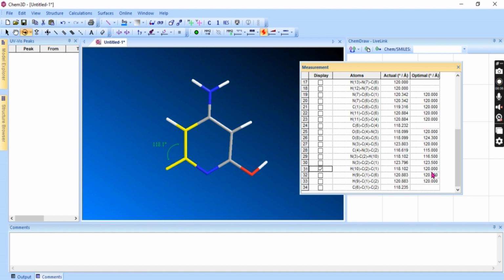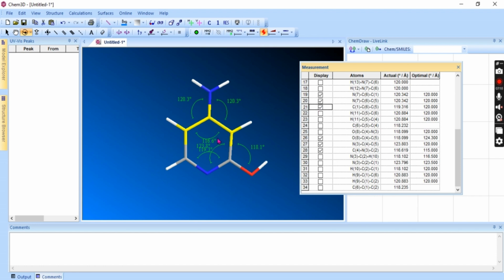Let's check the N one: it is less than 120, and there is also deviation from the optimal sp2, and it's 118. This is the way you can check the bond angles yourself. Each of the bond angles is displayed by this method.